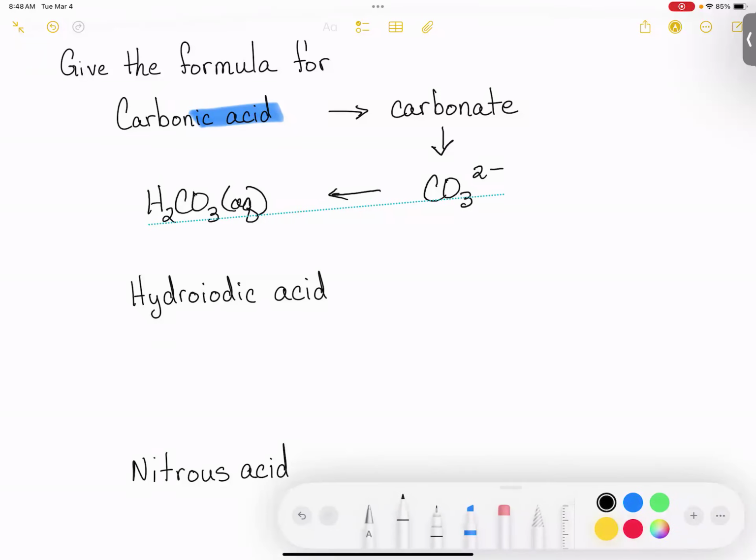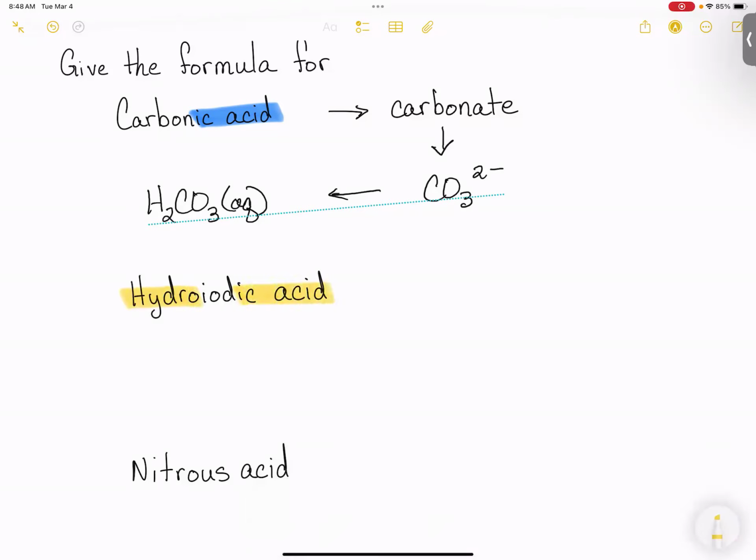The next one, I noticed, has a hydro- in front, followed by -ic acid. So what does that mean for the anion? What is the anion? What does it end with? -ide.